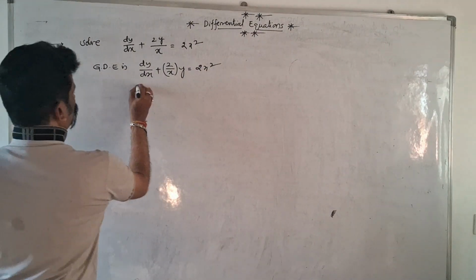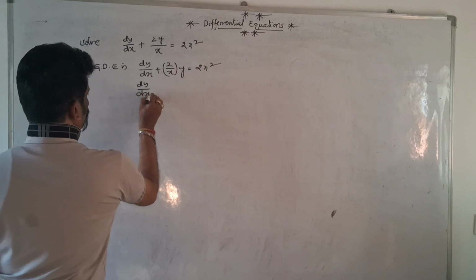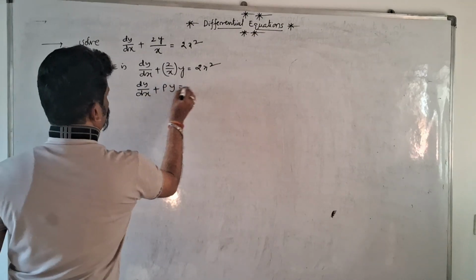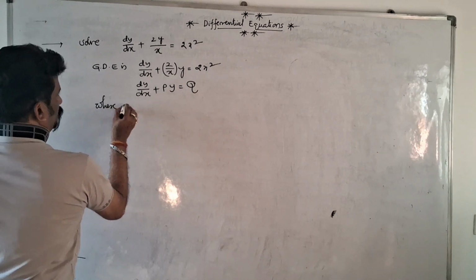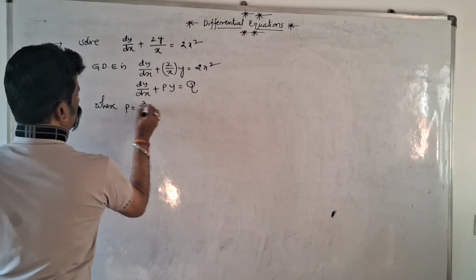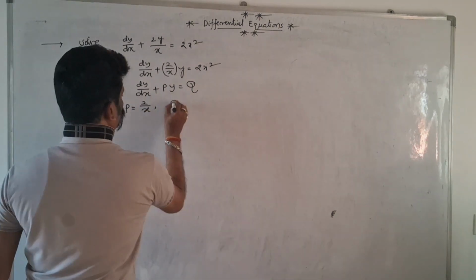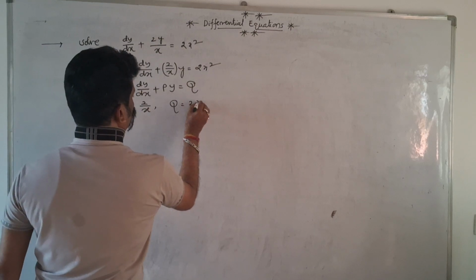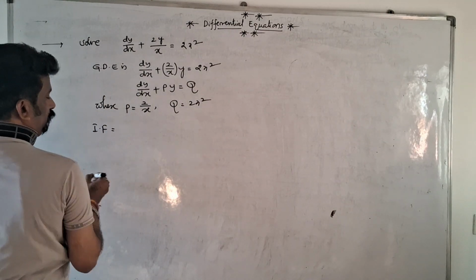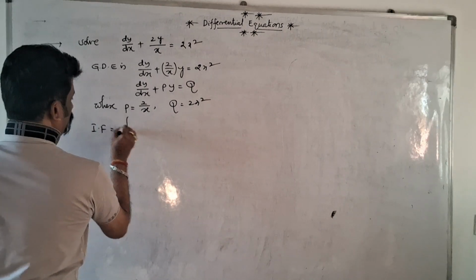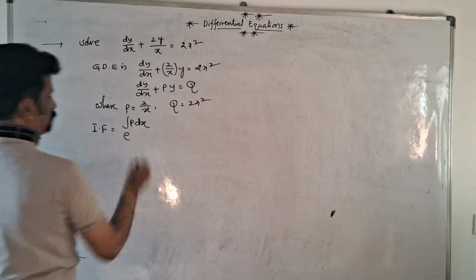Now it is of the form dy by dx plus py is equal to q, where p is equal to 2 by x and q is equal to 2x square. Now first find the integrating factor. Integrating factor is equal to e to the power of integration p dx.